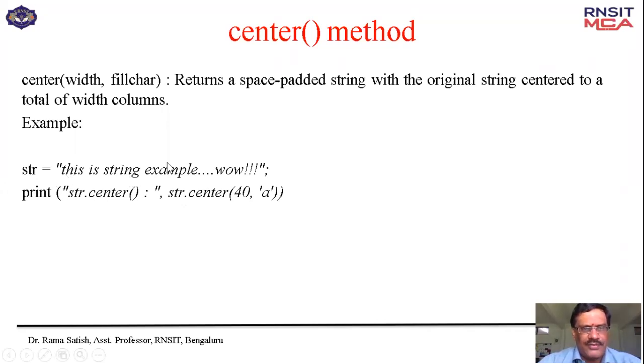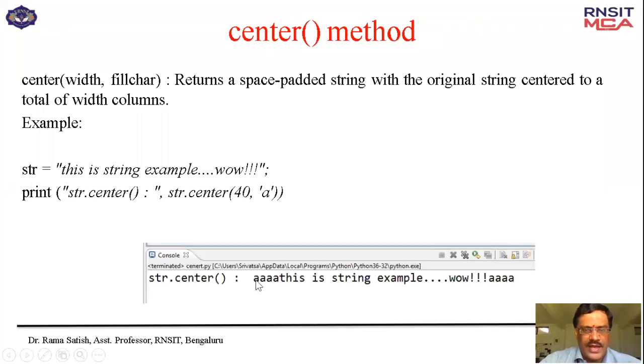If I count, the number of characters is less than 40. So what happens? It will print the string in the center, and of course, on the right side some space is left, and on the left side also some space is padded. That padded character is A. That means it will add A, print the string at the center, and print A at the end.